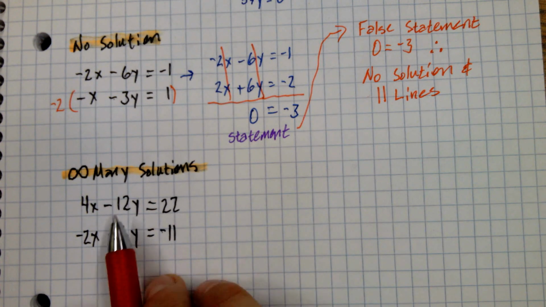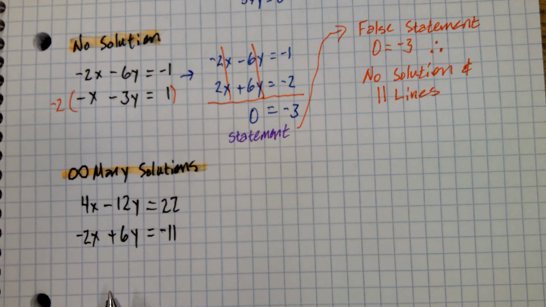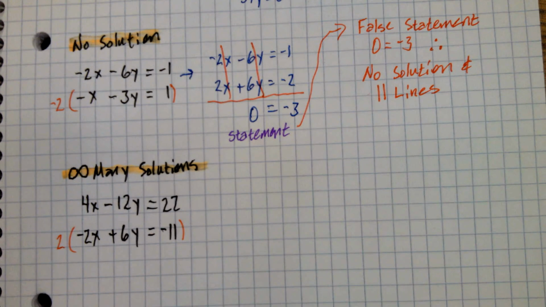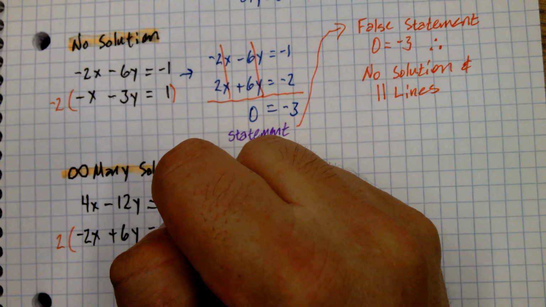Okay, let's try to get rid of x's again. Well, it doesn't matter, actually. Let's try to get rid of y's. What do I have to do to make this positive 12y to cancel that one? Multiply by 2. So you just solve it like you normally would. See what you get.